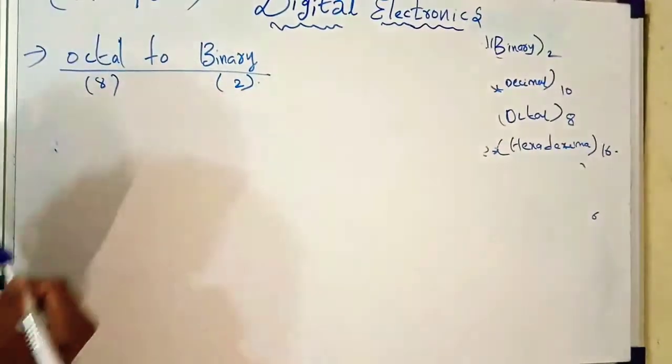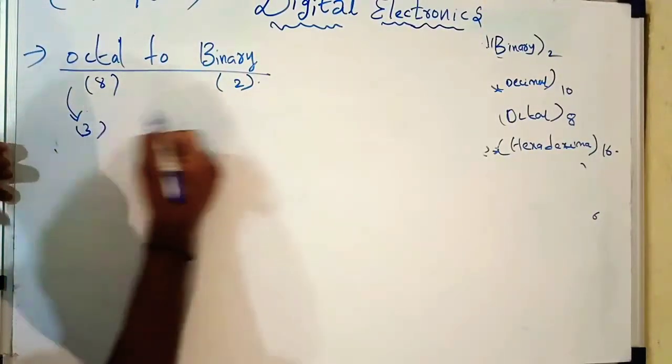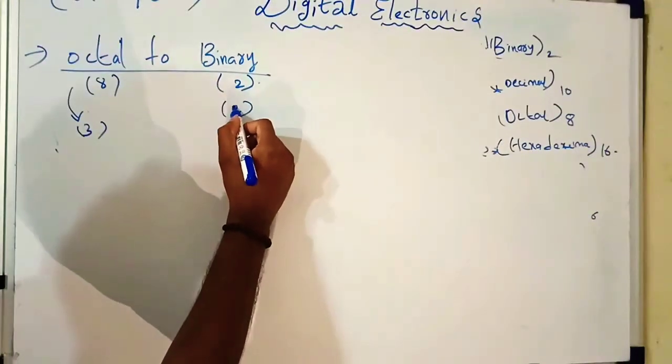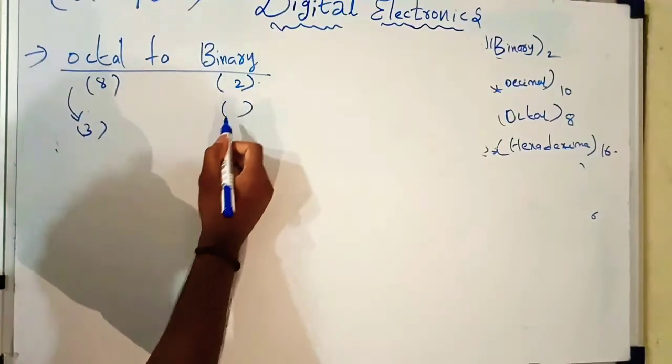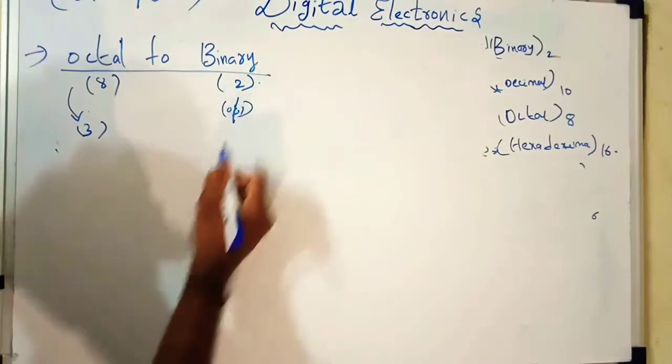For binary it is 2. For octal we need 3 bits. For binary we need just one bit, which is 0 or 1. We need only 1 bit.